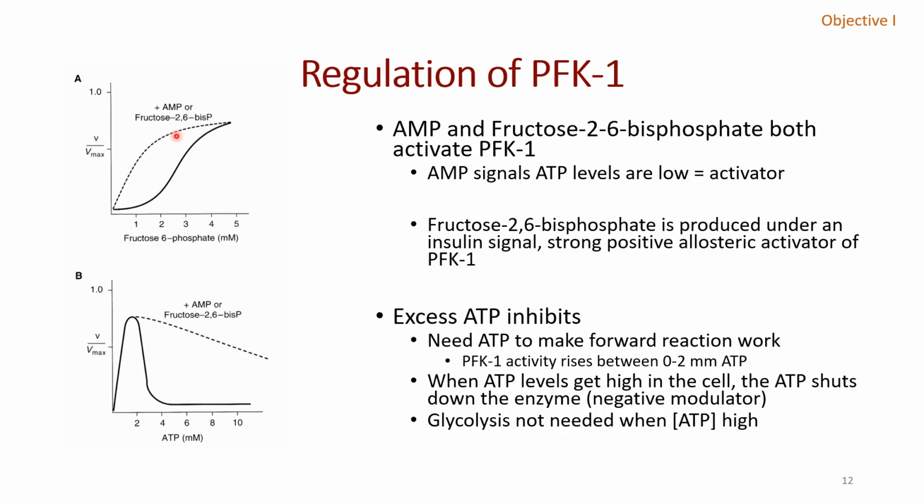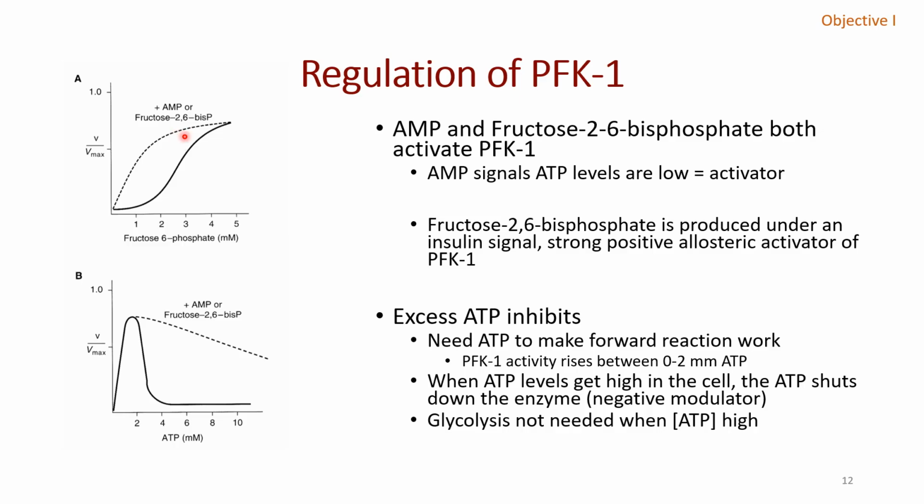It binds to those activator sites. It turns PFK1 on. It makes the enzyme much, much more active, and that helps glycolysis produce ATP faster, which is exactly what the muscle cell wants. The muscle cell wants more ATP, and AMP levels signal it's time to make more.